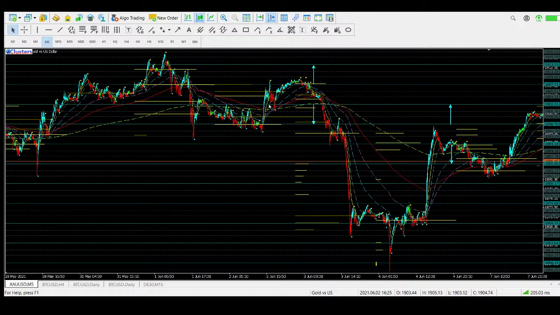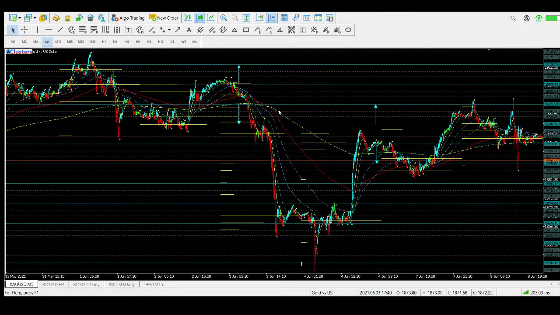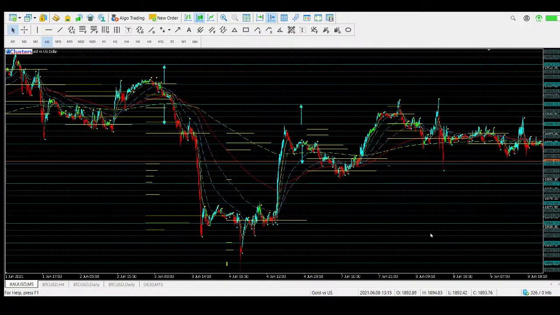Crossed above 1902, 1907. And that was the final draw from there, 1907. Failed to hold. We had a huge drop from there. So that was the major setup from here. Looking at the shorting of gold versus US dollar from this level here, 1902.